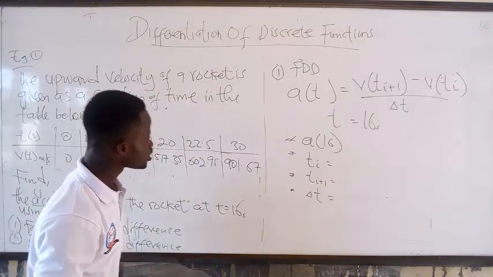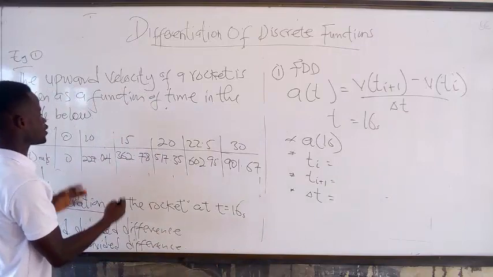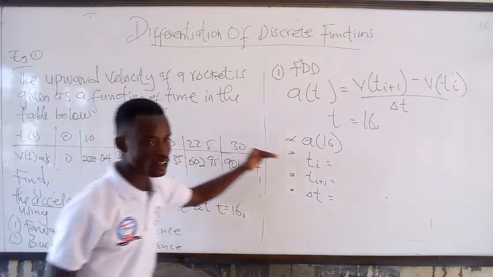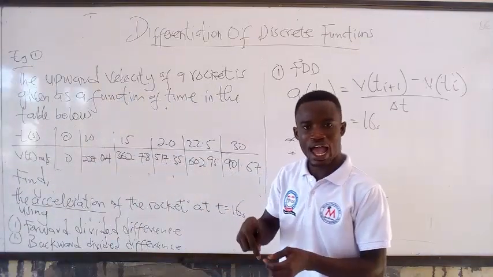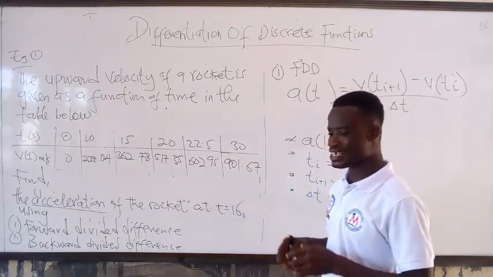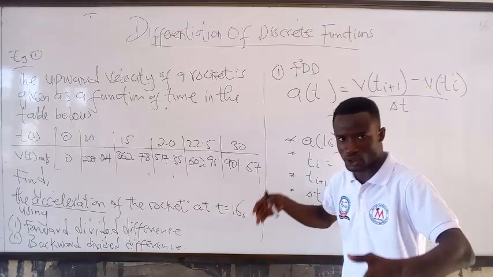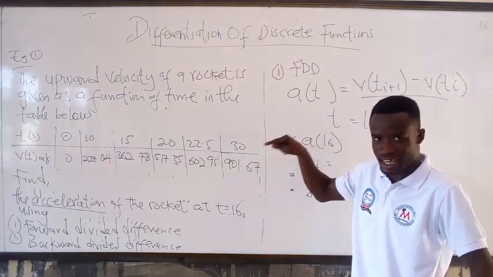Now the time given is 16. So you come to the table, then at the T column, check where the 16 will fall. You see that the 16 can fall between certain values. You can also get it at an exact value too.